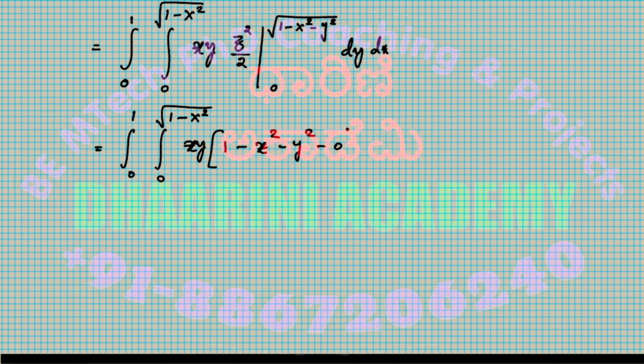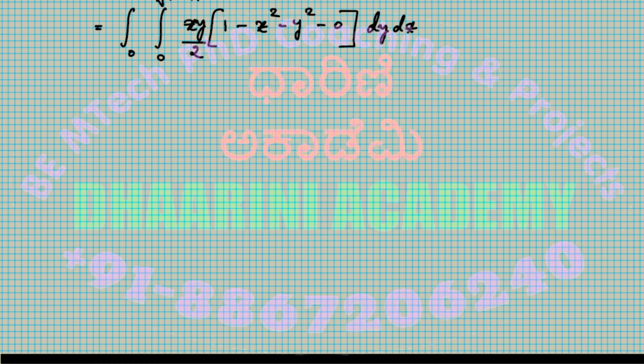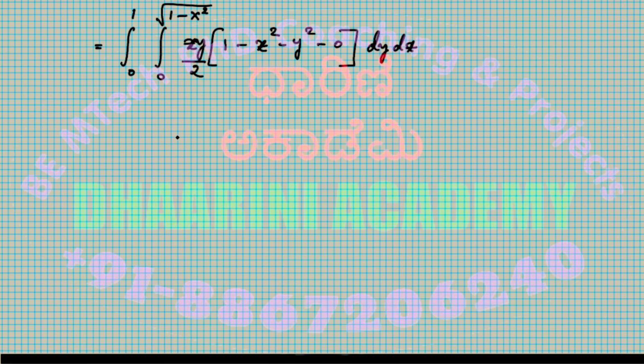So that is a 0, right? And there is a divide by 2, right? I can write it over here for the time being, into dy dx. So in the next step, I'll write the half outside. So this is 1 by 2 into, now I will actually multiply them and then I can do the integration. That should be easier for me, right?